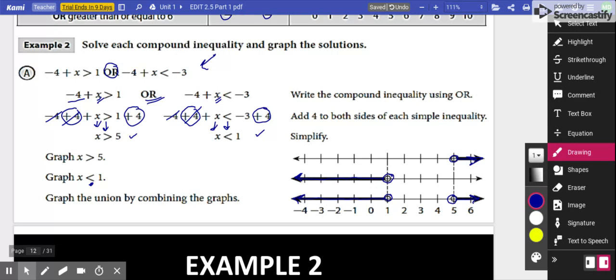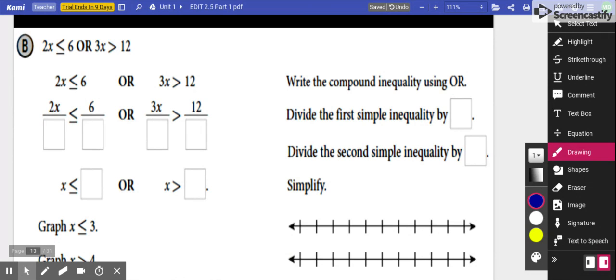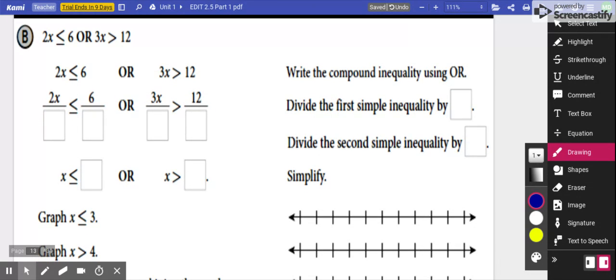So let's take a look at a different example. Let's take a look at example 2 here. Letter B on page 84. We have 2x is less than or equal to 6, or 3x is greater than 12. They're separated for us, so let's get x all by itself in both of these inequalities.